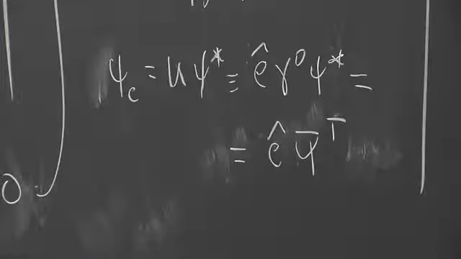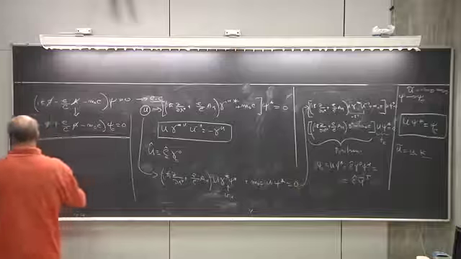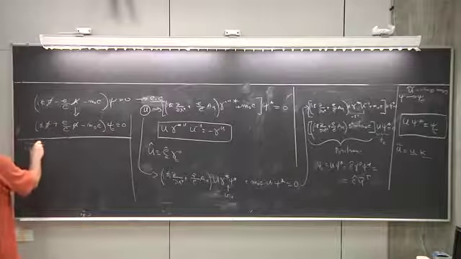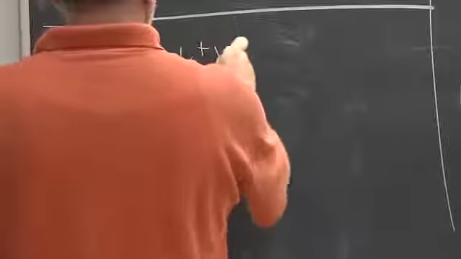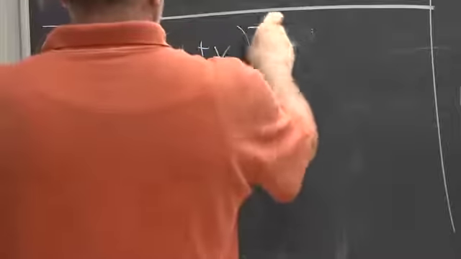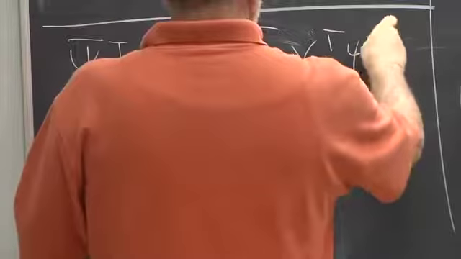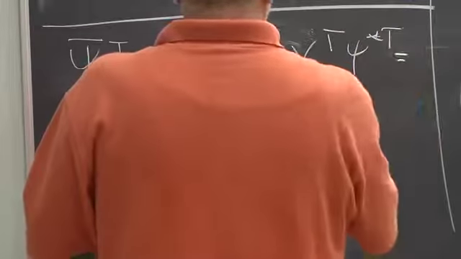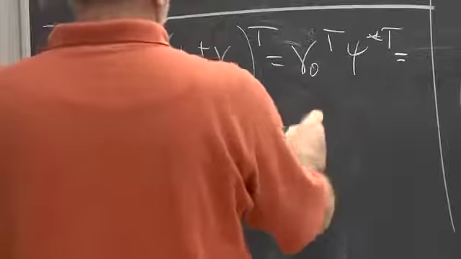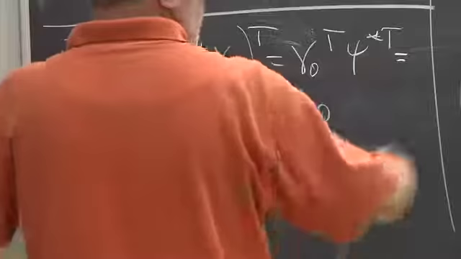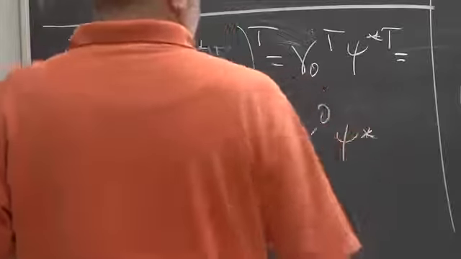If you do psi bar transpose, it means psi dagger gamma 0 transpose. This is gamma 0 transpose psi star transpose. But this object is equal to gamma 0, and changing row with a column is this.